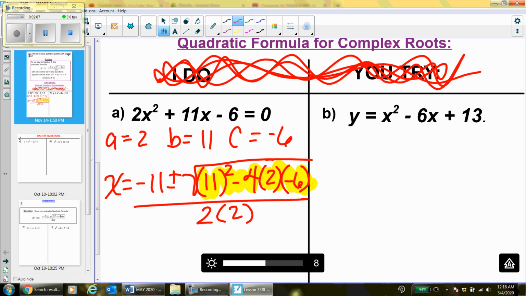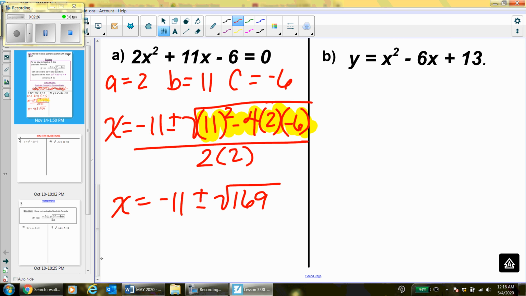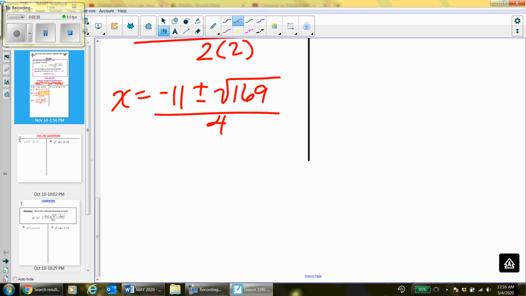And I know from my previous lesson that 169 is a perfect square. So this is going to work out nicely. So x equals negative 11.